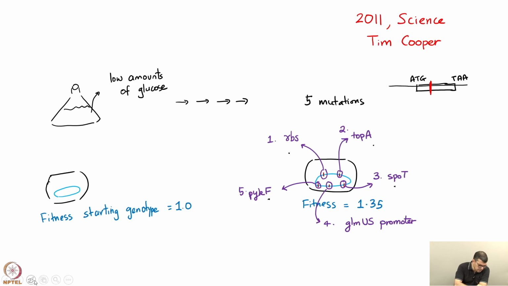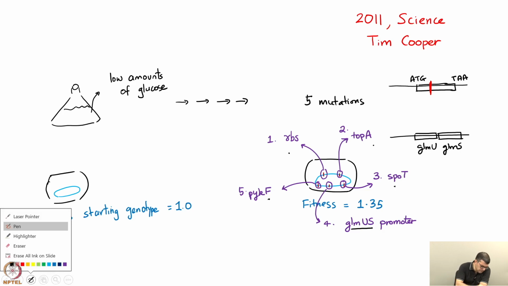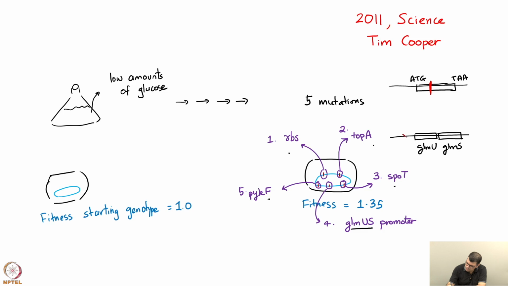In the 5th case, something else happened, where I have these 2 genes, GLMU and GLMS, collectively written as GLMUS, and the mutation happened in the promoter region.